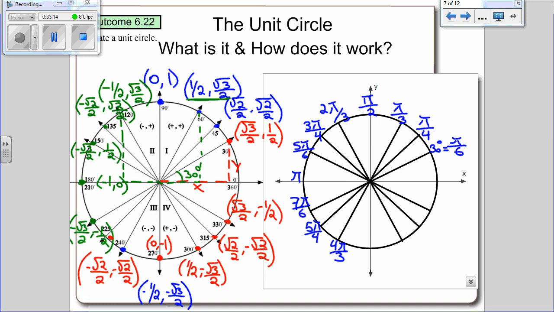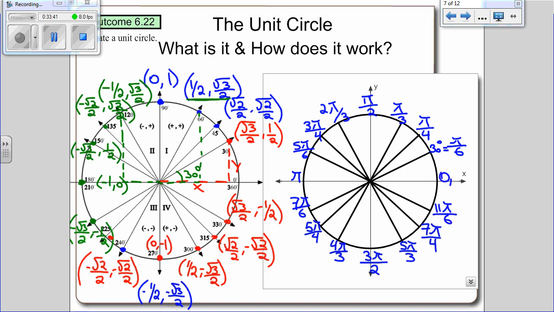We have 5 pi over 3 right here. It's 7 pi over 4. And then we have 11 pi over 6. If you look straight out at the x-axis, that would be 0 radians, or it would be 2 pi radians. So you've either gone not at all, 0, or you've done 2 pi, which means 360.